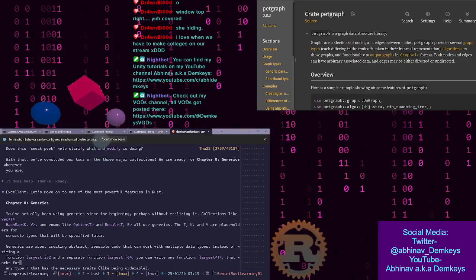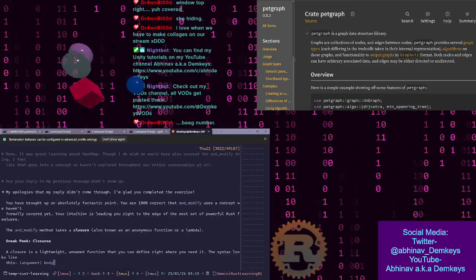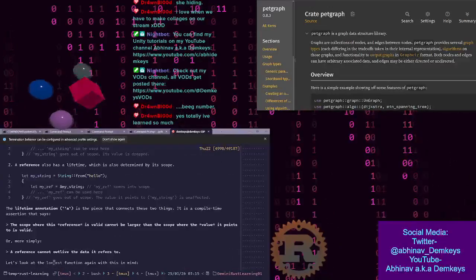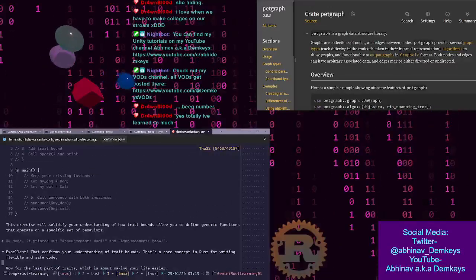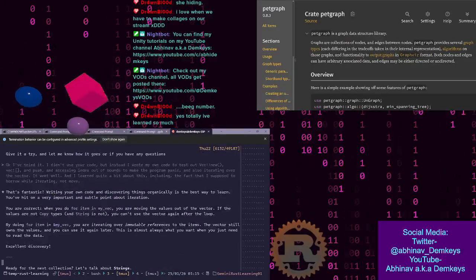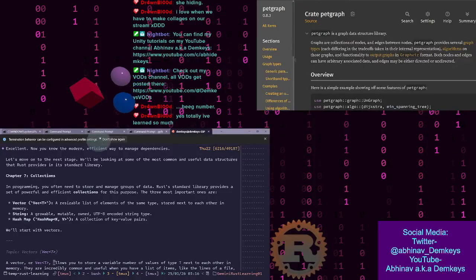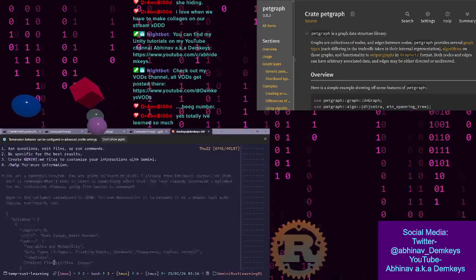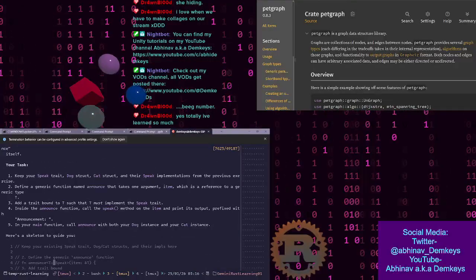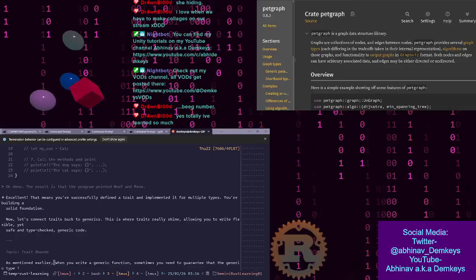That shows how long this conversation has been going. Let me see if I can catch one of the topics. So this topic is for vectors. I don't remember which chapter that was. Let's scroll up more and see if there's trait bounds.